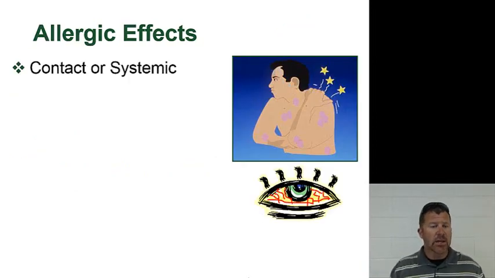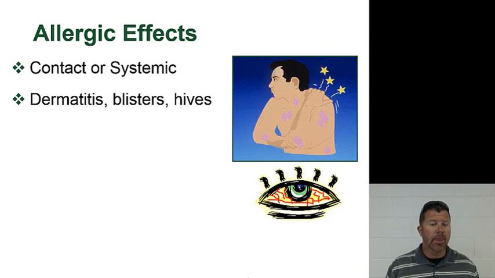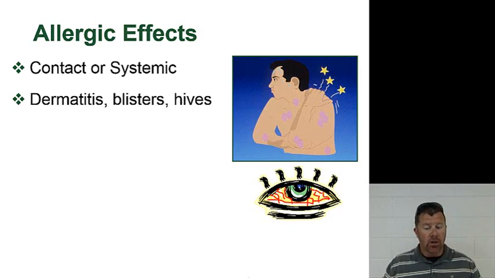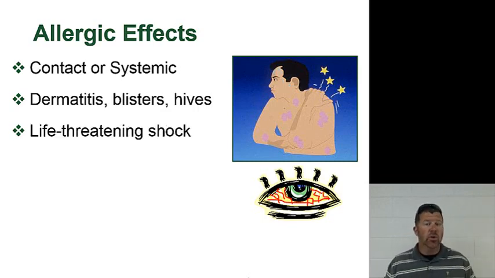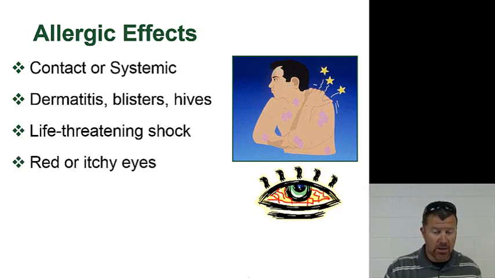Allergic effects can be contact or systemic. You may receive dermatitis, blisters, hives. Just think about when somebody gets bee stung. You start seeing them break out in hives. They start itching and scratching everywhere. A lot of this can come from pesticides as well. Be aware if the person's going into life-threatening shock.